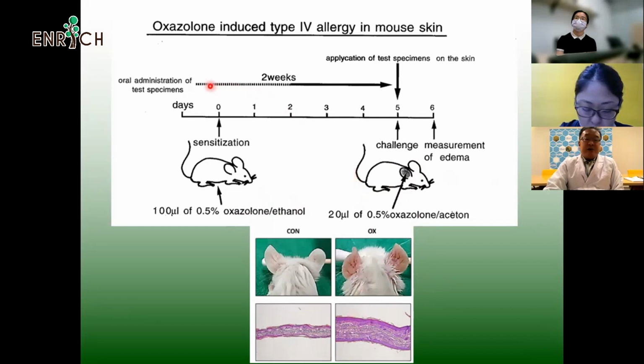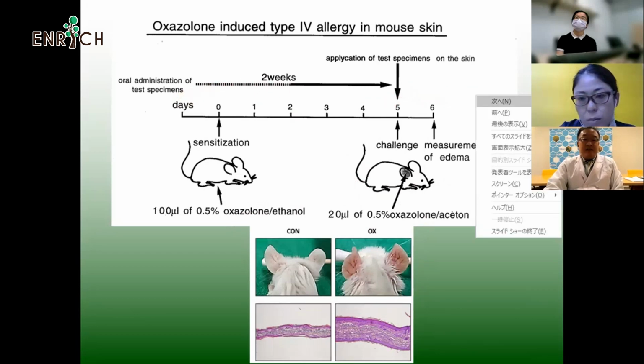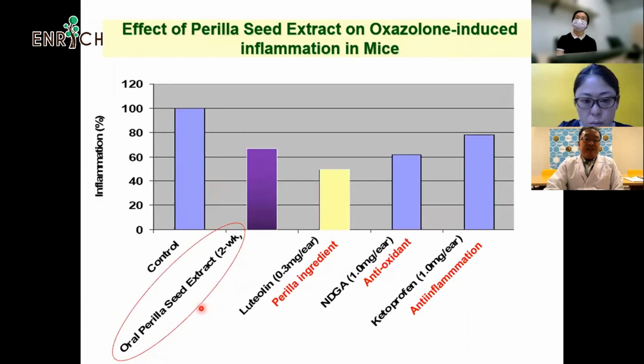In this experiment, we gave perilla extract for 2 weeks. As a result, perilla extract significantly suppressed ear inflammation by about 40%. And then we compared the efficacy of the active ingredient luteolin with the antioxidant EGCG or the anti-inflammatory medicine ketoprofen.